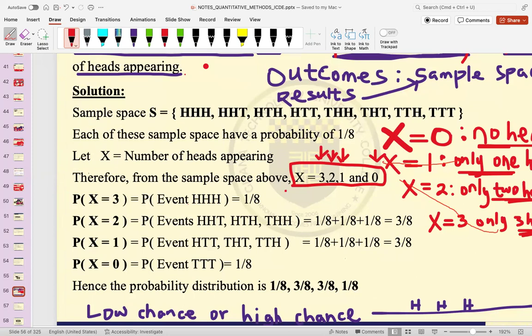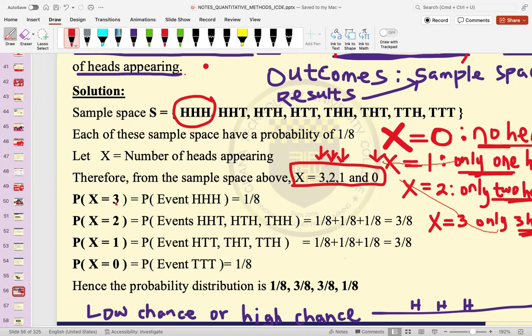So when we pick our x, then we bring the probability formula. This is how you say this. Probability of x equals 3, meaning probability of 3 heads appearing is equal to probability of which event will give you 3 heads. It is this event that will give you 3 heads.